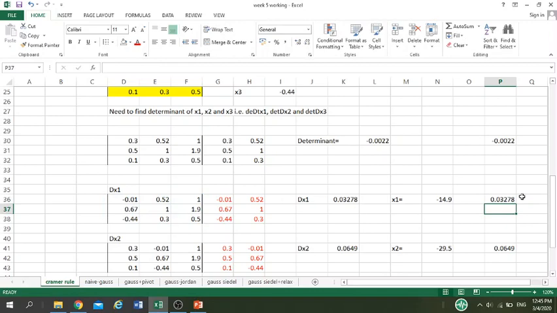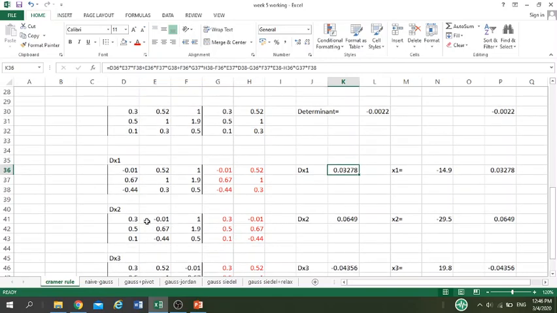It gives me 0.03278. So the calculation we did manually gives us the same answer as the Excel function. So we can be certain that what we have done is correct.